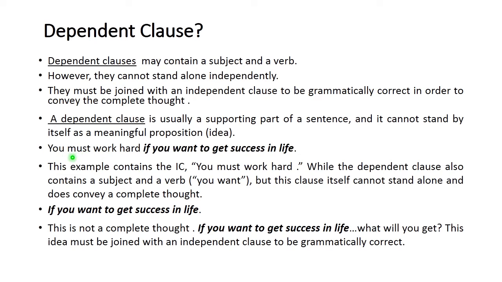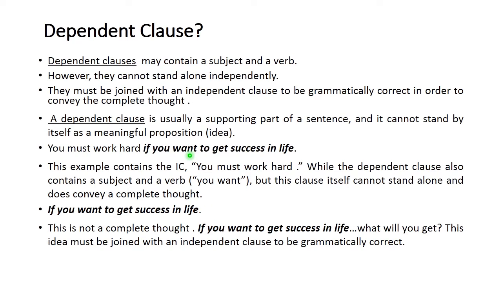In these examples, you can see: you must work hard if you want to get success in life. This is the example of a dependent clause: if you want to get success in life. It's not clear. The meaning of the sentence is not clear until we join this part of the sentence with the independent clause.